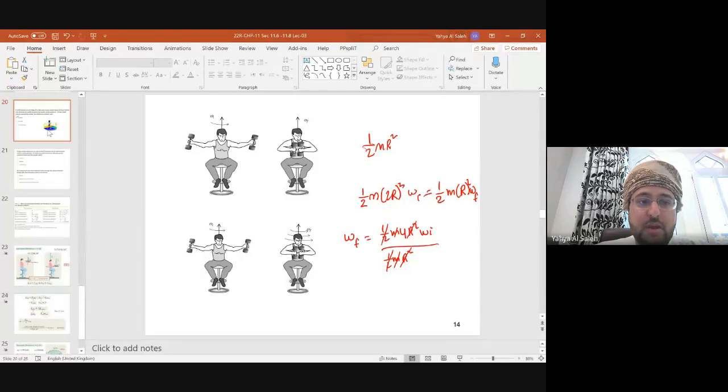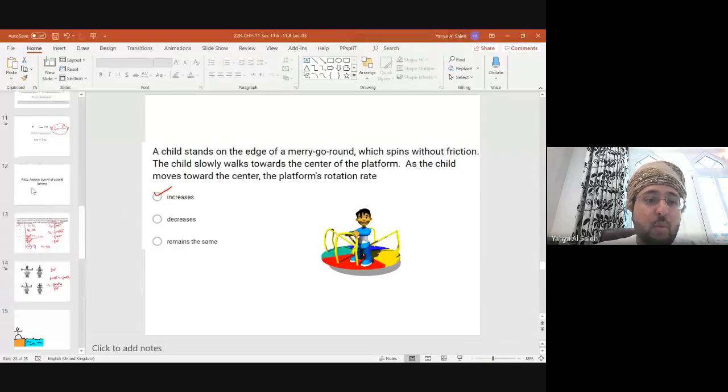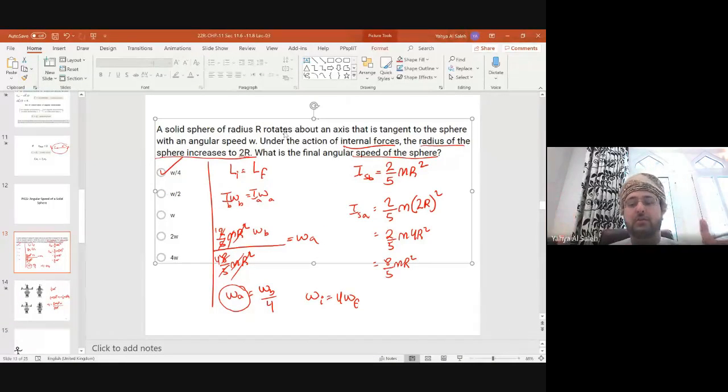And here as well, it increases. We did not calculate it, but we said it increases. The one that decreased was the solid sphere that became bigger. So I there increased instead of decreased.